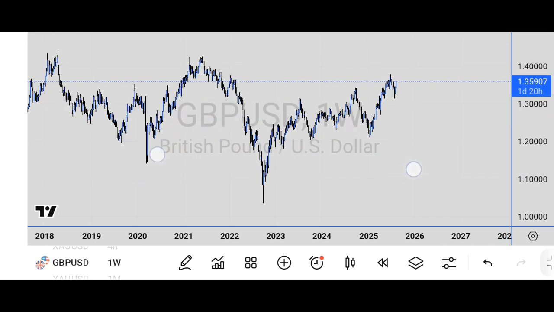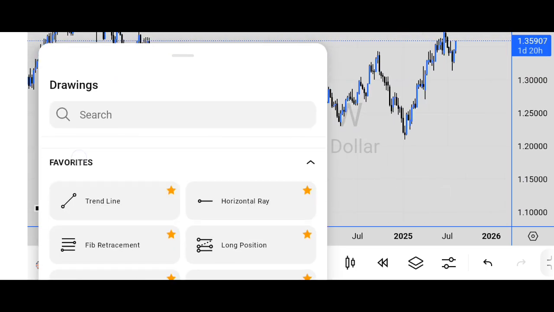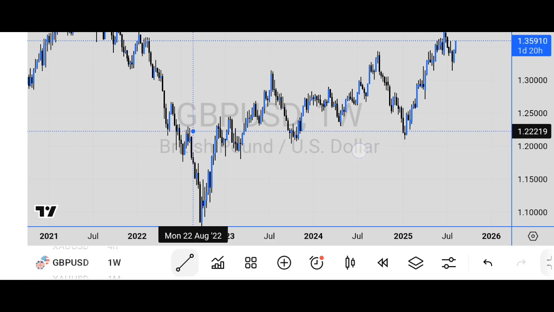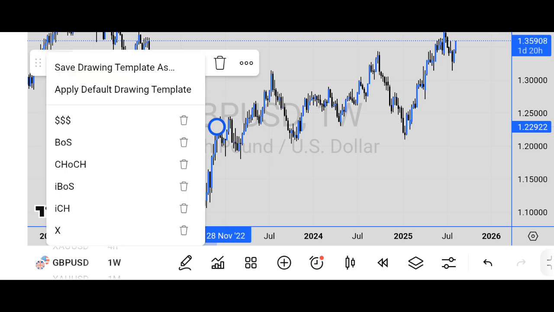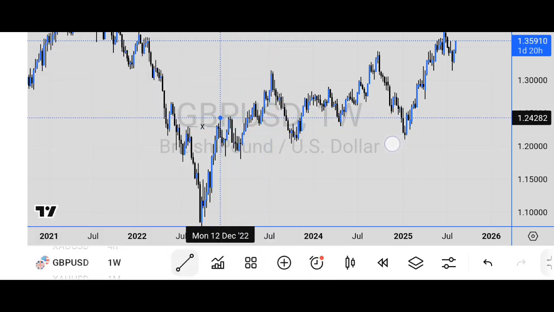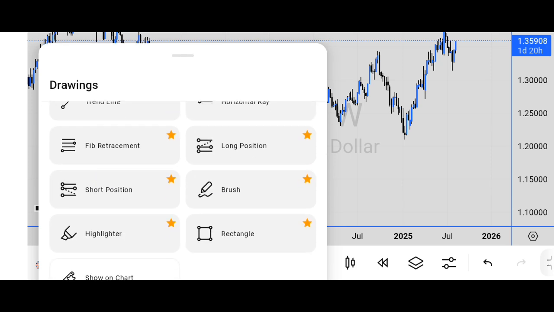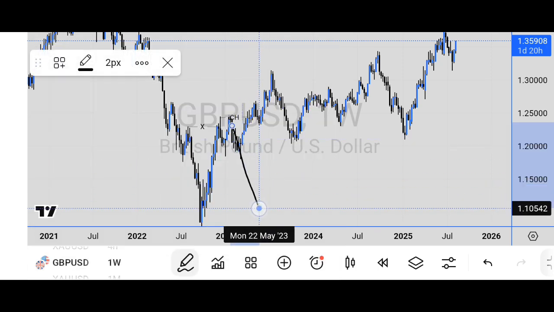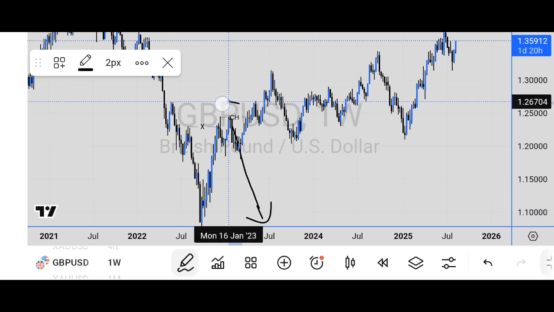But if we analyze this current market condition, you can see that we have our inducements right here, and then we have our internal CHoCH. After we have our inducements, price fails to come lower and break this low, that is why we have internal CHoCH.